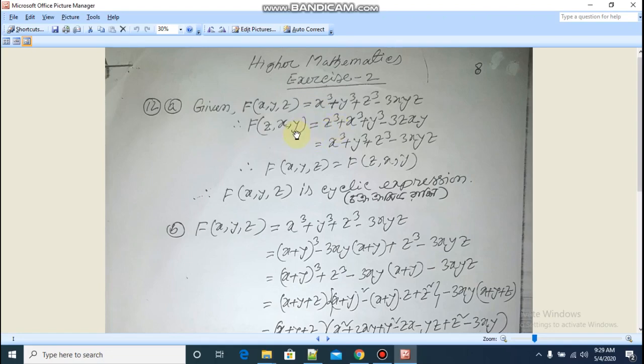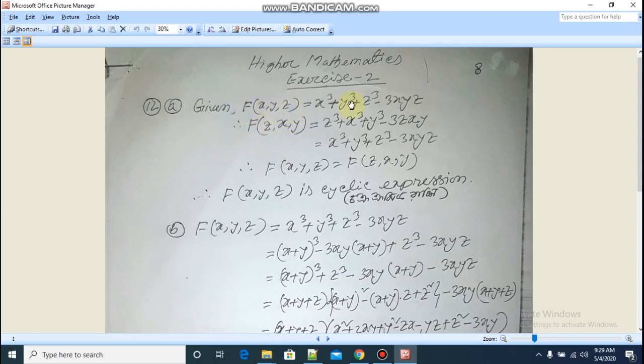I repeat, after this changing, if the previous expression and the new expression are the same, then we call this a cyclic expression.